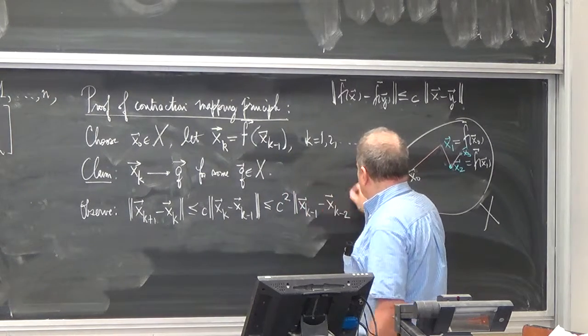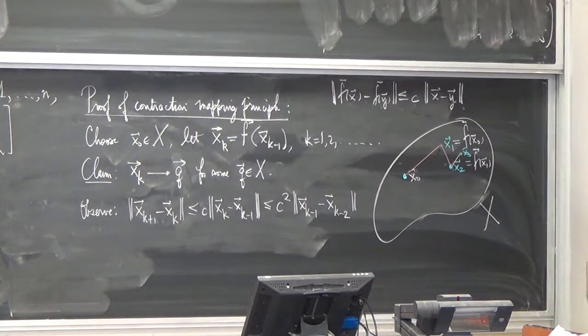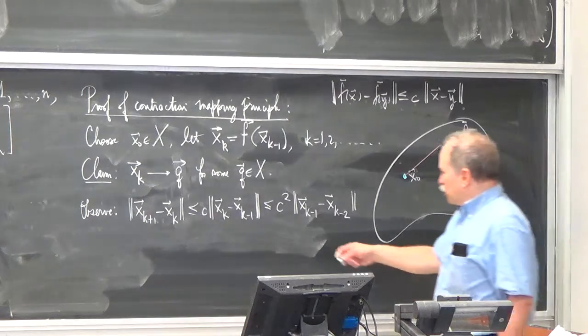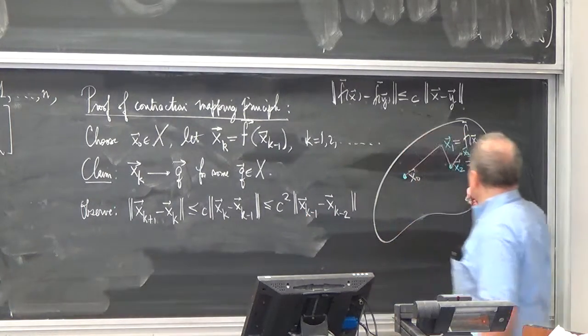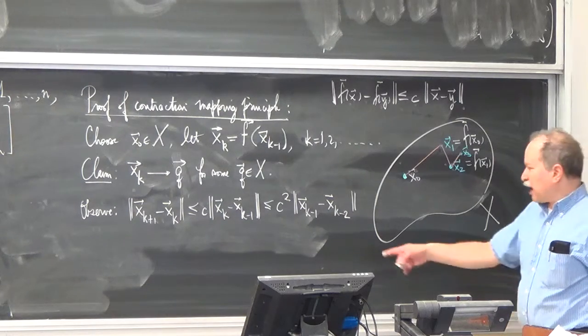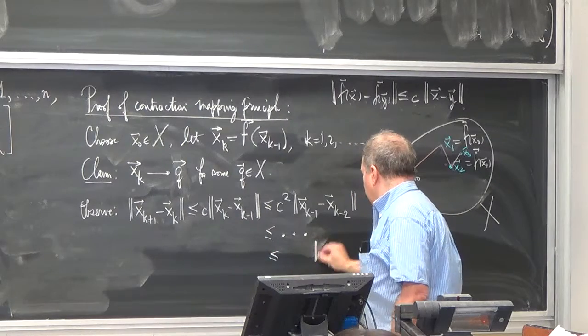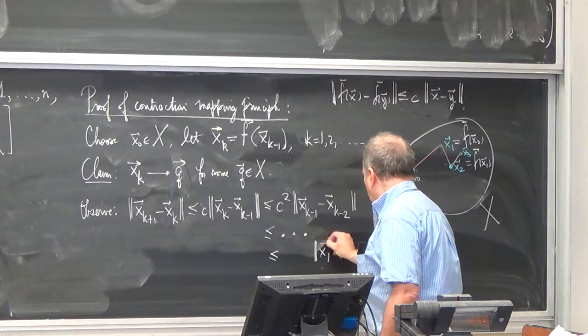No epsilons. But you can keep going until eventually you get back down to the original distance, x1 minus x0.